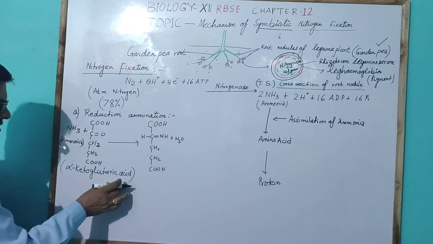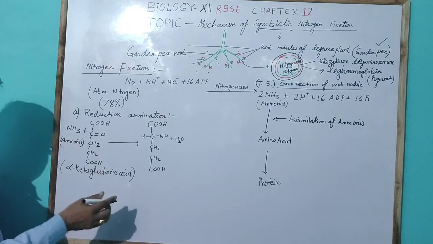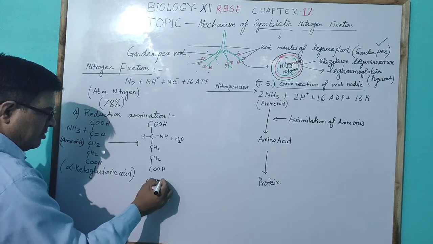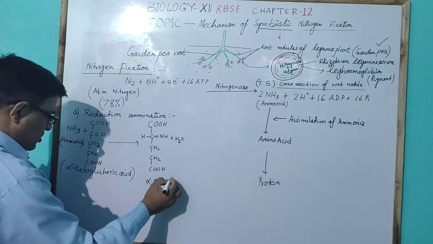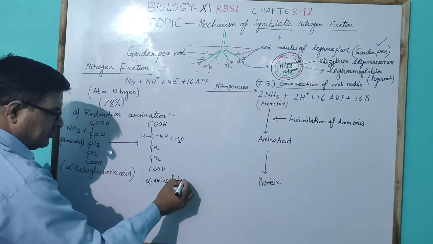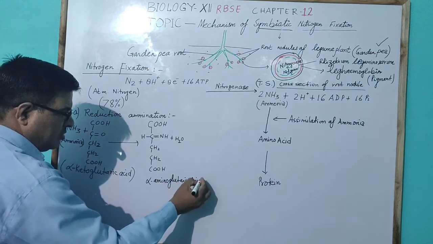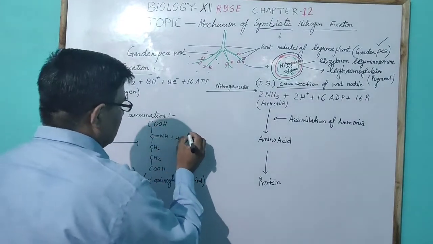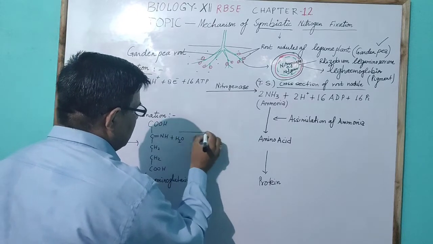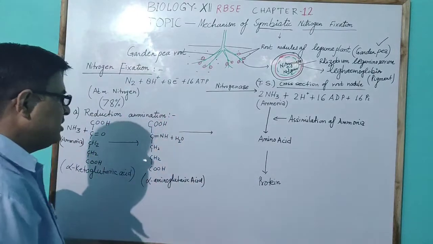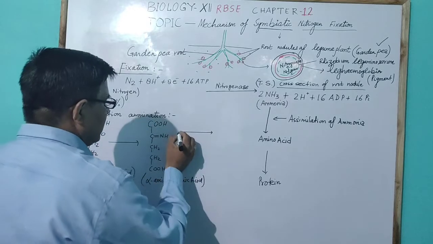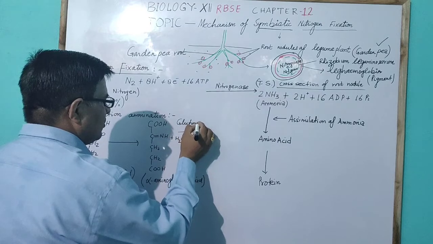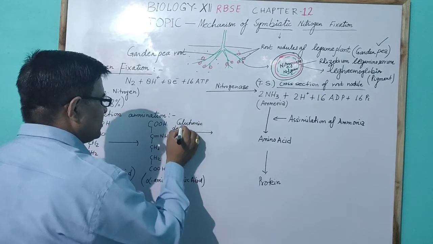Alpha ketoglutarate acid, when combined with ammonia, forms alpha amino glutaric acid. Now, in the presence of the enzyme glutamic dehydrogenase, a type of change occurs.